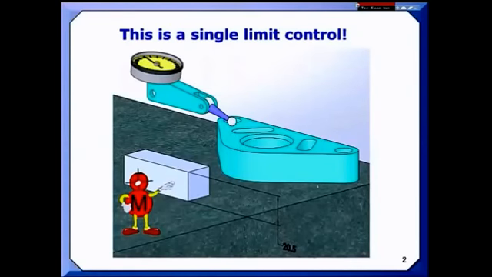So this is a way of simulating a hard gauge without ever building one. And the other advantage is you're getting variables data for process control. In other words, you can keep track of the highest points and monitor if your process is getting closer to 20.5. You can correct your process before you ever make a bad part.